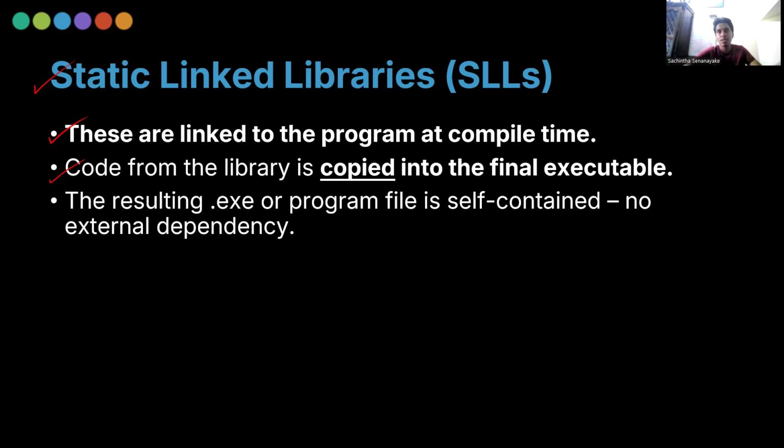When you import code from a static link library and compile it, the compiler, along with another software called the linker, is the one responsible for copying the code from the library and pasting it into your final program and creating that final executable. And the resulting exe or program file is self-contained. So you don't have to worry about any external dependencies.